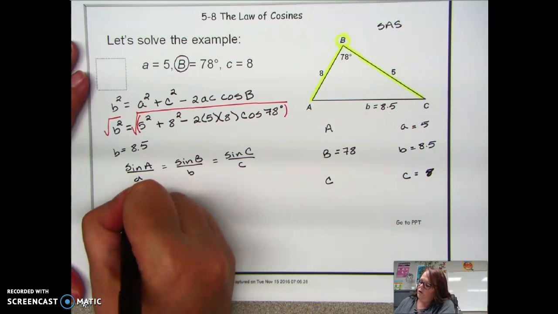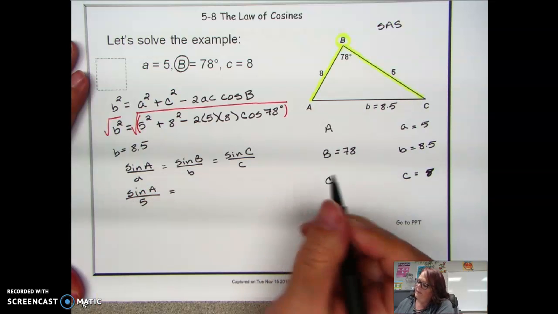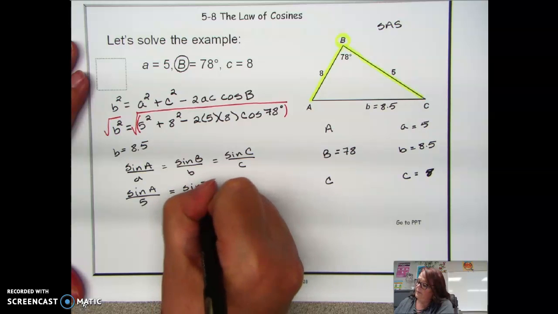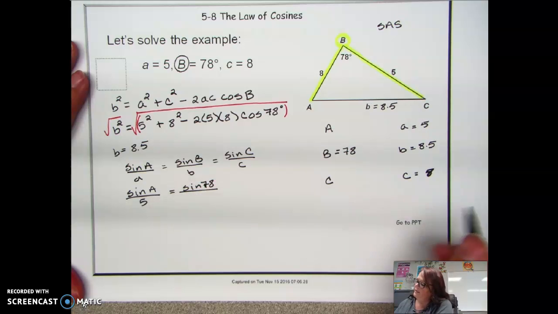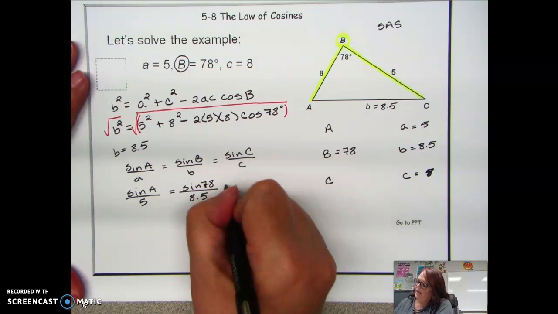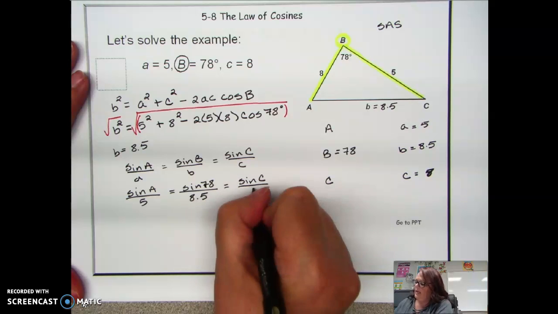So we don't know big A, but my little a is 5. We do know big B, I apologize. That's the sine of 78 over 8.5. And then we don't know big C, but my little c is 8.